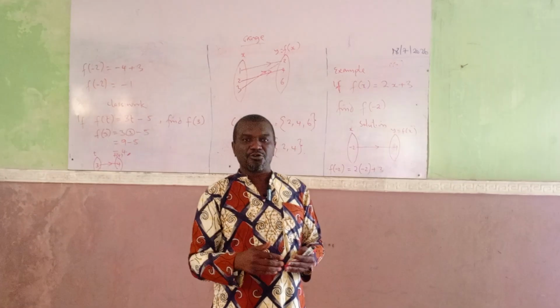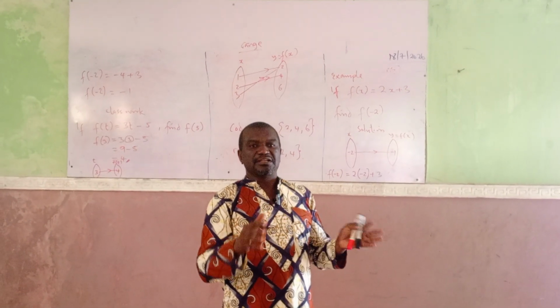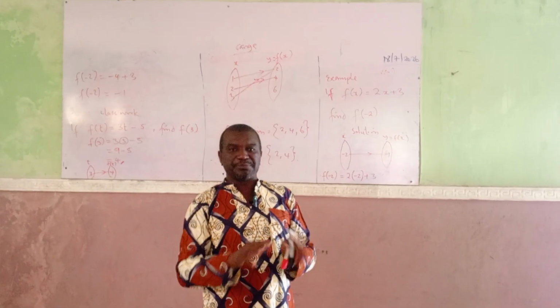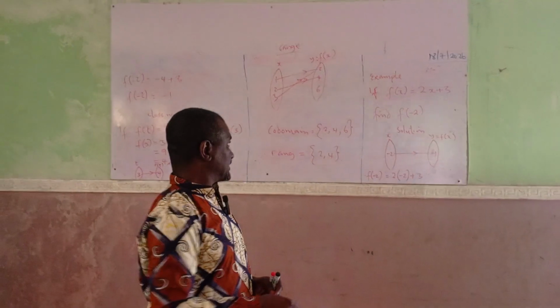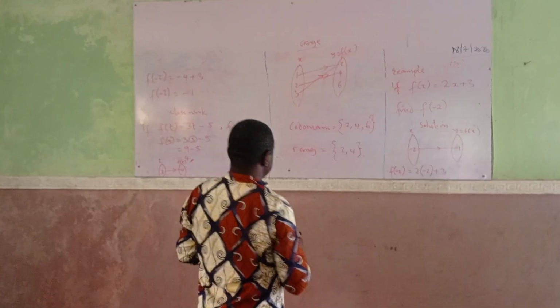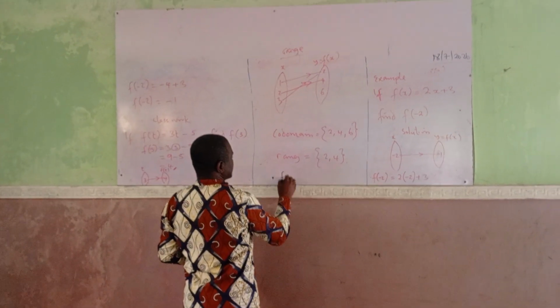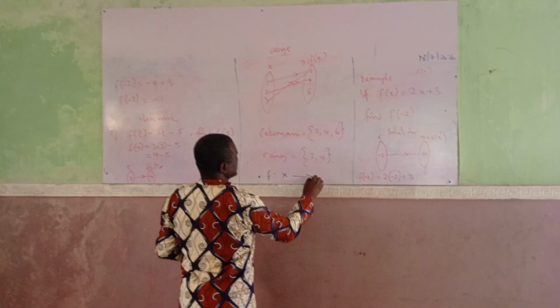A table of values is a function, and it can also be a diagram with domain and codomain, and it can also be expressed as, if I write f, for instance, x is mapping to y.